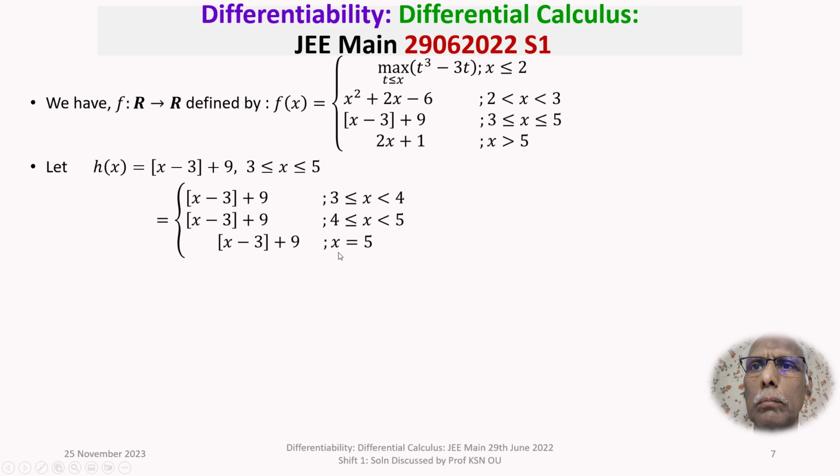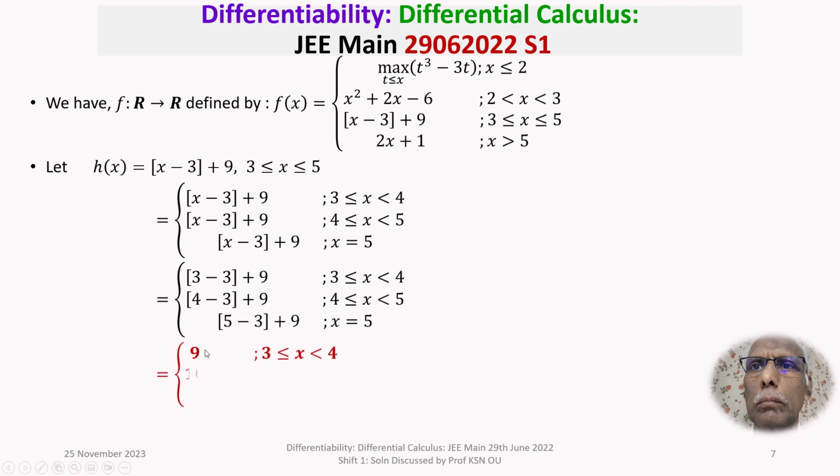And at x equal to 5, it is 2. So h of x is 9 when 3 is less than or equal to x less than 4, it is 10 when 4 is less than or equal to x less than 5, and it is 11 when x is equal to 5. So this branch is broken again into a piecewise function.